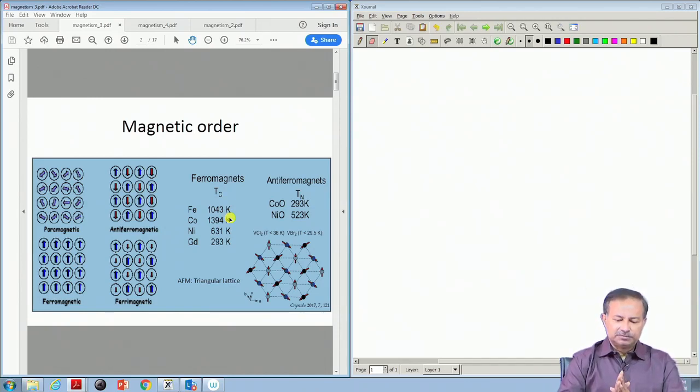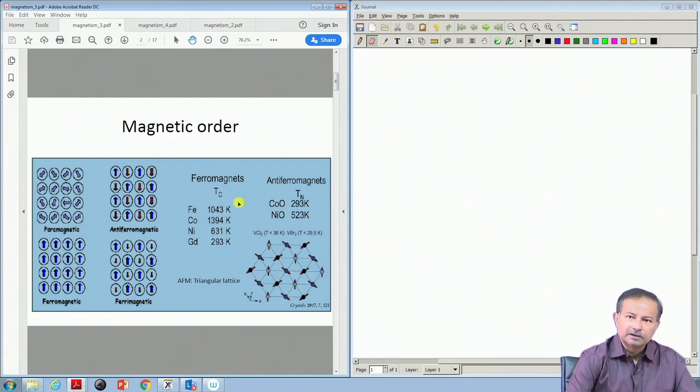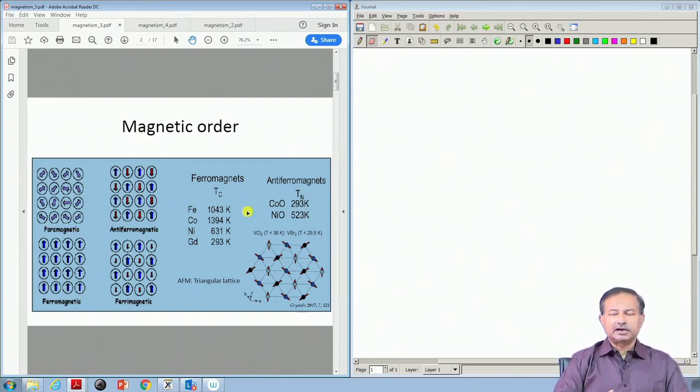So, for example, in iron below 1043 Kelvin, the magnetic moments start ordering. You will find a finite magnetic moment if you do an experiment on iron, and above 1043 Kelvin the system becomes a paramagnet. Moments still exist, but they have become randomly oriented.